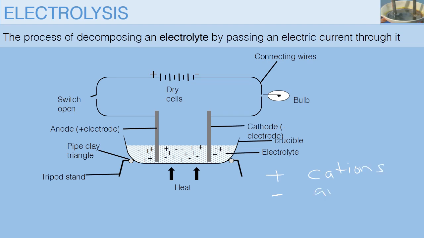Before we close the circuit, the positive and negative ions are randomly distributed across the electrolyte. If the electrolyte is molten, it will require heating. If it is not, then it won't require heating. However, let us assume that this electrolyte is molten, so it will require heat.